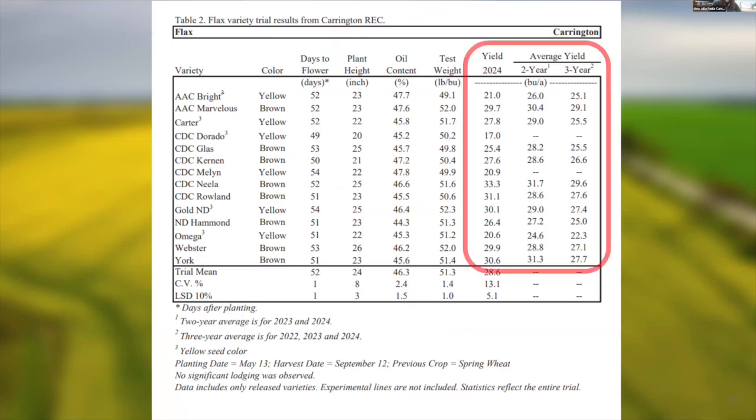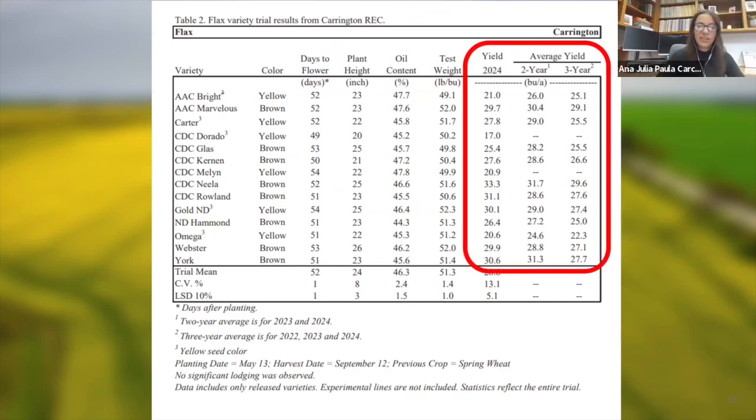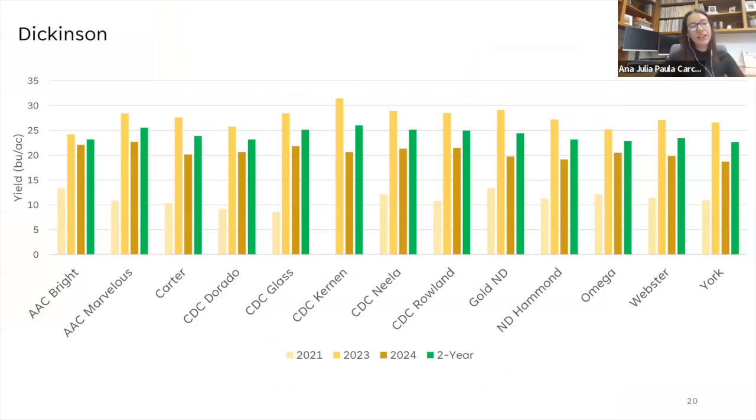There is also another column that is really important in these tables, that is the different years. It's not only about evaluating the yield and how it behaved in 2024, that's last year, but we also always try to provide the year before or the 3 years before. I'm going to take just 1 second to show the data from Dickinson.